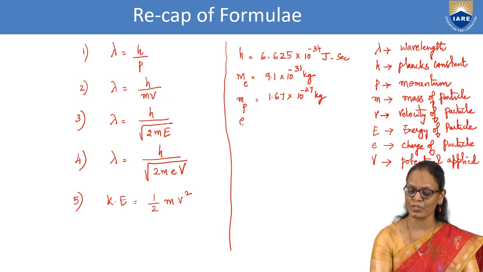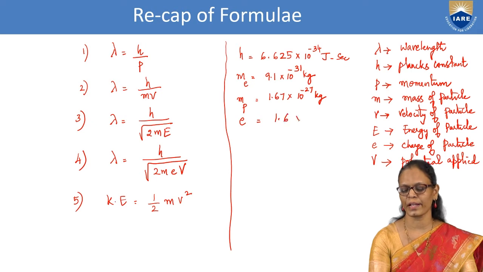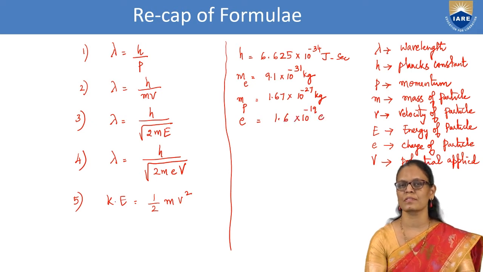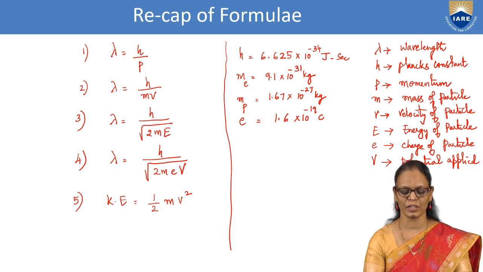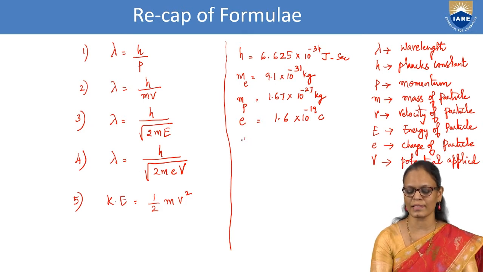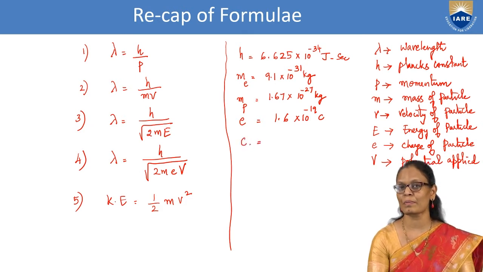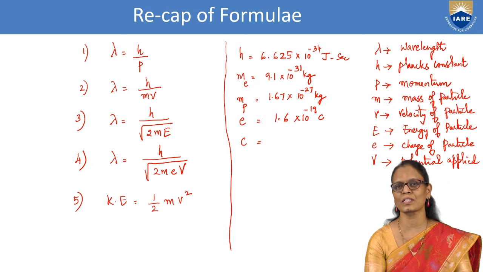Then the charge of the electron, e, is 1.6 into 10 to the power of minus 19 coulombs. For electron it is negative, for proton positive, otherwise it is the same. We may not show the sign here. Okay, I think these constants are enough. And one more thing is the velocity of light, because sometimes we consider particles moving with the velocity of light.